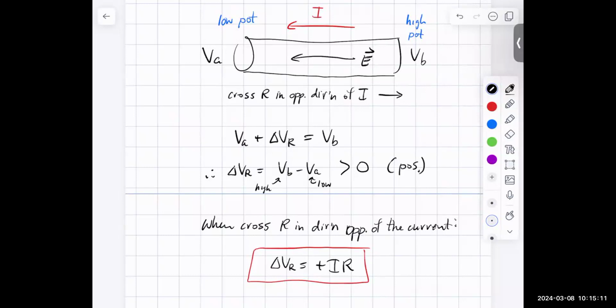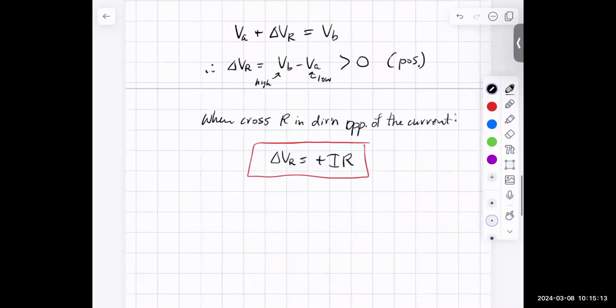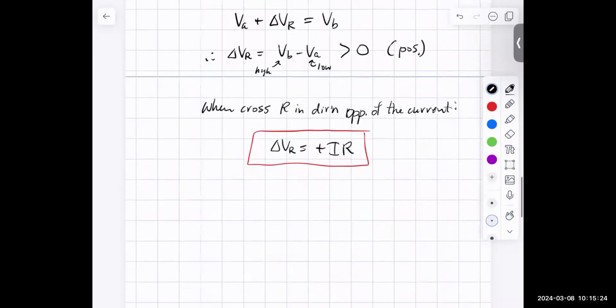Okay, good. So the other topic I want to do is power dissipated by a resistor. And so you'll need this to finish off one or two questions in the homework. So power dissipated by a resistor.